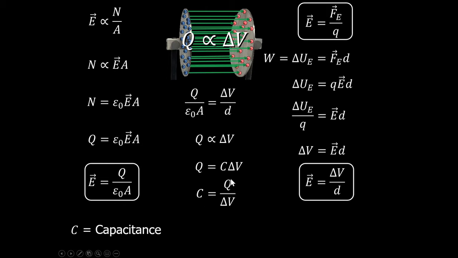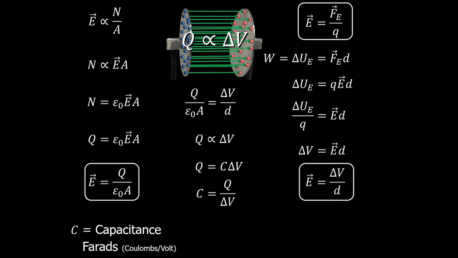So capacitance would be measured in coulombs per volt. And if we have 1 coulomb of charge producing 1 volt of potential, we would say that is equal to 1 farad. And a farad is a unit of capacitance.